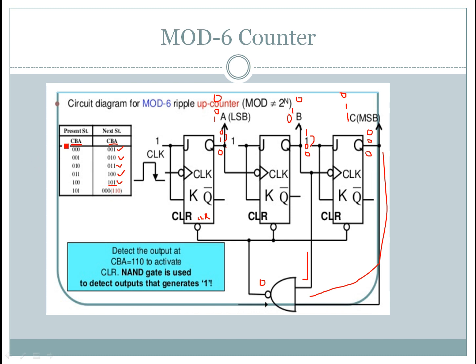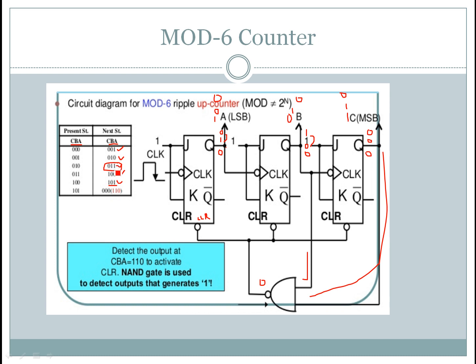So for example, if I say design a mod 3 counter, mod 3 counter means it has to count from 0 to 2, that is 0 0 0, 0 0 1, 0 1 0. After 0 1 0 we should get 0 1 1. That means we should not get this 0 1 1.